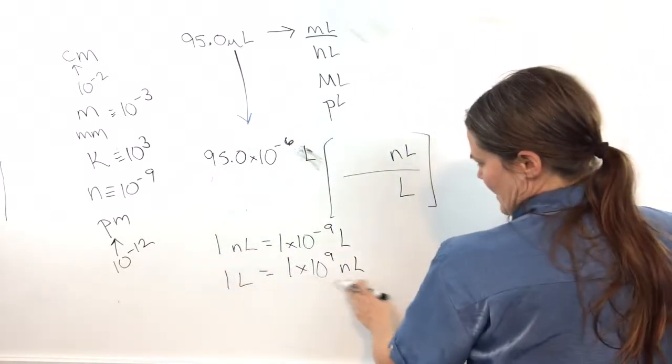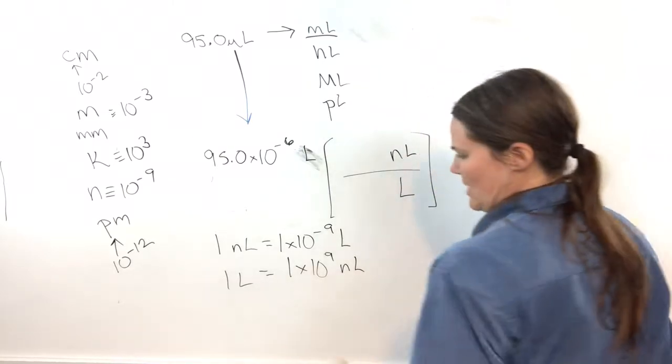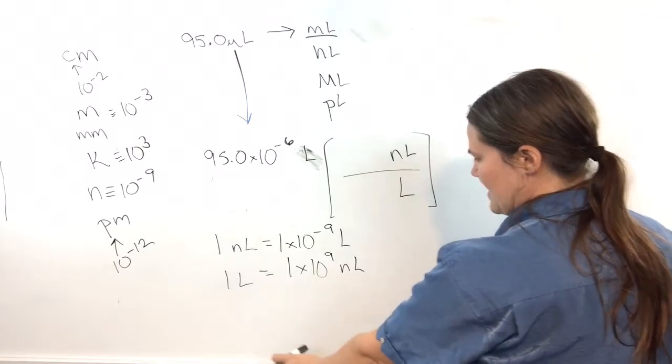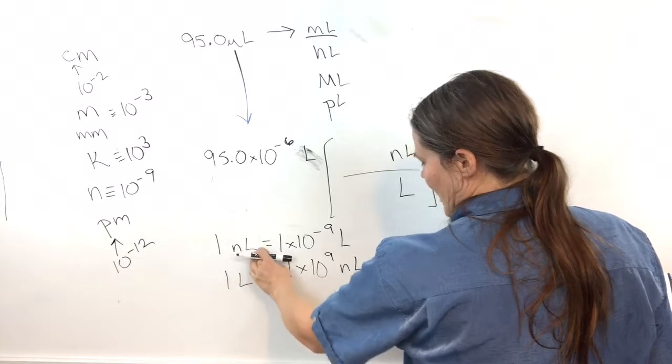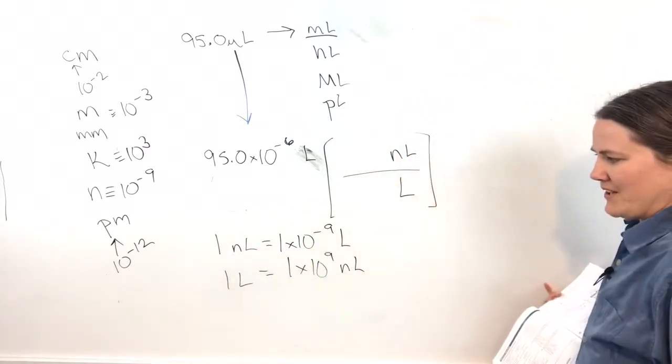And this makes sense because nanoliters are really small, so they're much smaller than a liter. So it makes sense that we have a lot of nanoliters in 1 liter, or with this other conversion we have 1 nanoliter in a really small portion of the liter.